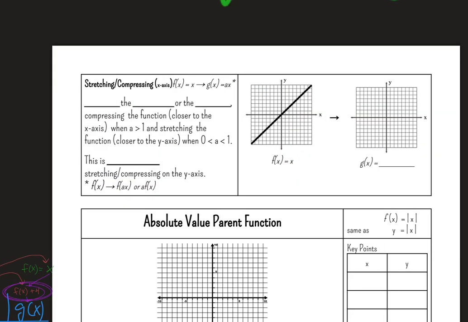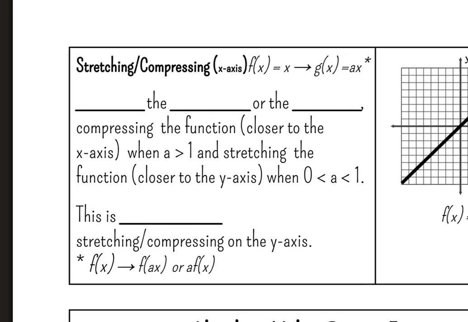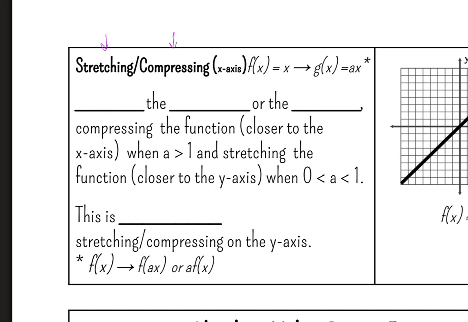In class today, I came up with something that I had never really thought of before because I mix these guys up all the time. But no longer, I think, because when you multiply the input or the output by 0 to 1, that is a compression, and that's going to be closer to the x-axis.